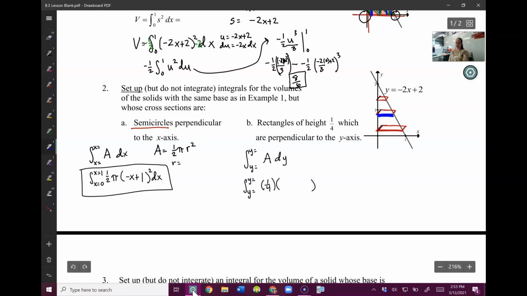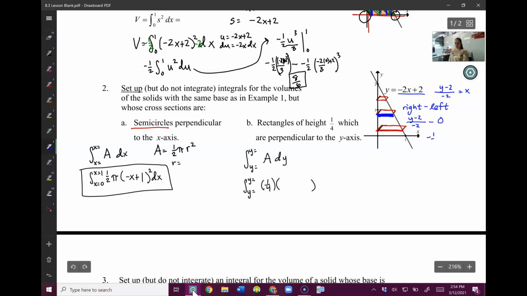But since this is side to side, instead of thinking top minus bottom, we now need to think right minus left. And we need this in terms of y, not x. So if we solve this for x, we would get (y minus 2) divided by negative 2. So if we want to do right minus left, we have our (y minus 2) divided by negative 2 minus our left, which is just the y-axis, or 0.